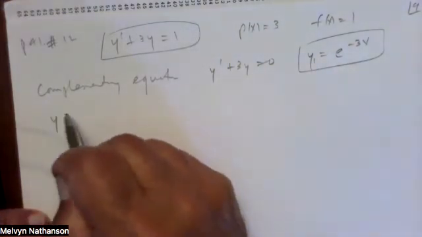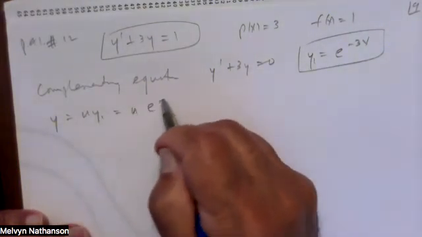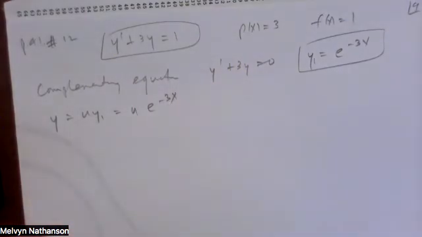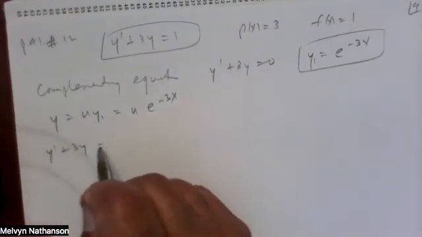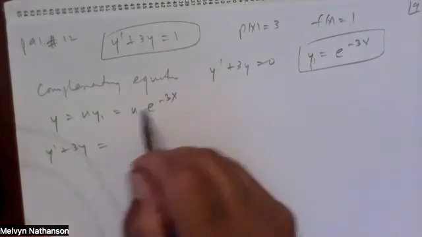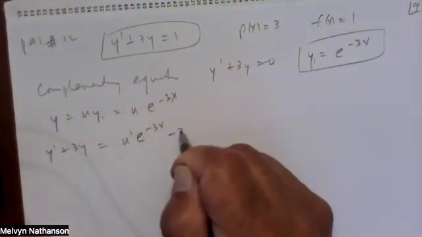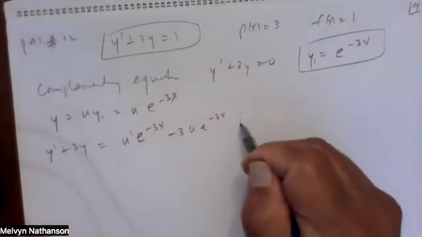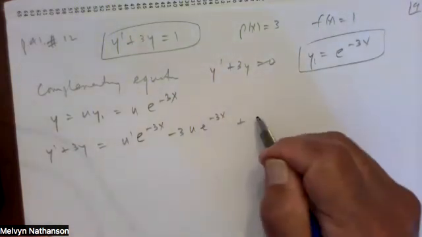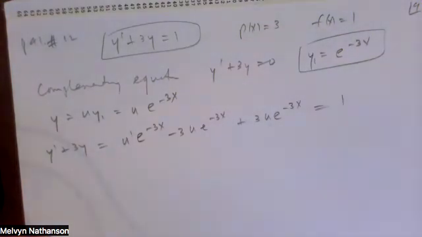We're going to let y equal u times y1, or some function u times e to the minus 3x. If we plug this into the equation, y prime plus 3y, when you differentiate this, you get u prime e to the minus 3x minus 3u e to the minus 3x plus 3u e to the minus 3x. We want that to be equal to 1.